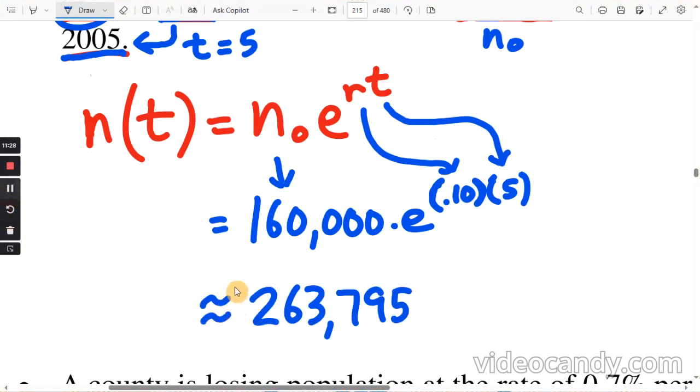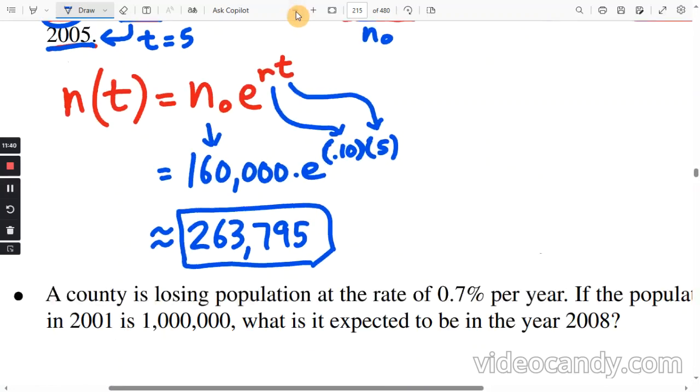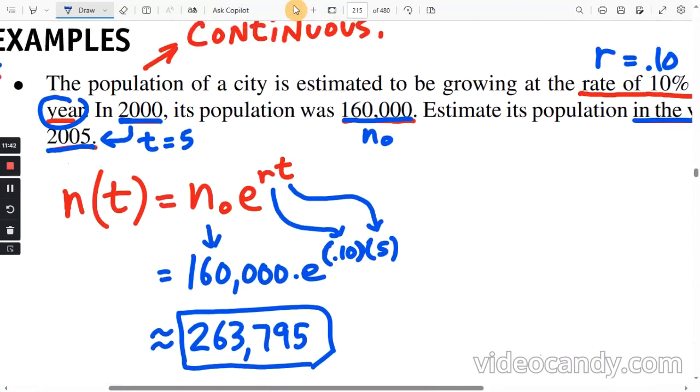And I get 263,795, and the decimal kept going. But generally for population, you round off to the nearest whole number because you generally don't have a half of a person. So you round off to the nearest whole number when dealing with population.